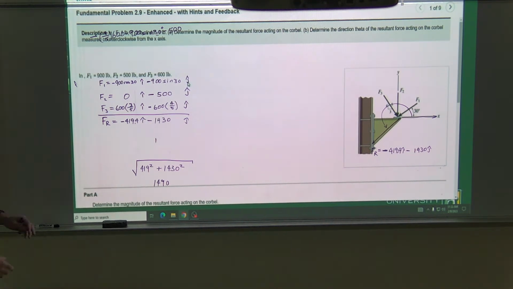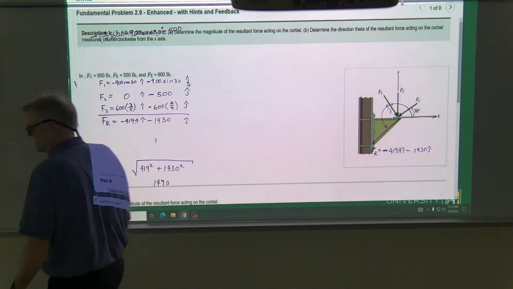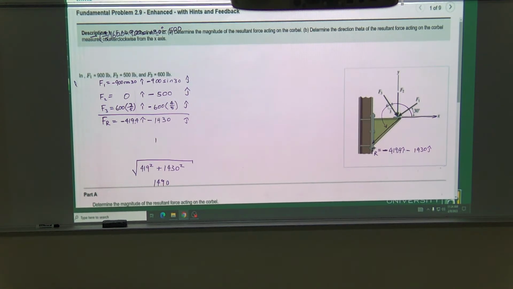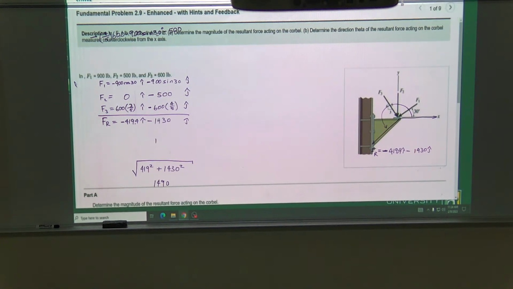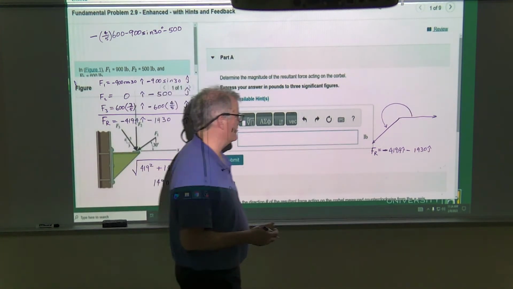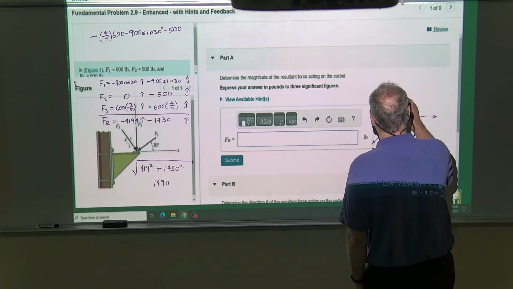So let me see if I can fix. Oh, the picture's right in the way. Let me go back to the other view. I think I had a clear view with it. Okay. So he wants to know this angle. I don't think I can enter it because the server, whatever it said, was off or something.